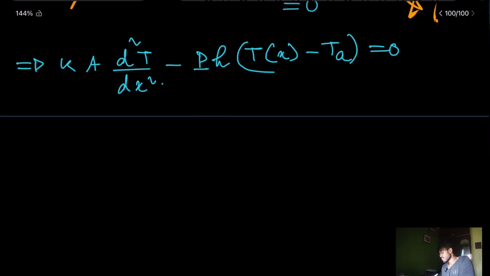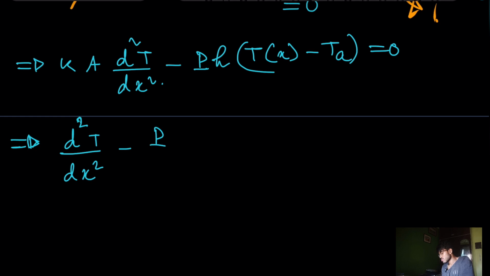I think by this time you have already pointed out that this was the governing equation that you studied at your B.Tech level. Okay. So this is hP by KA and this is T(x) minus T_a.